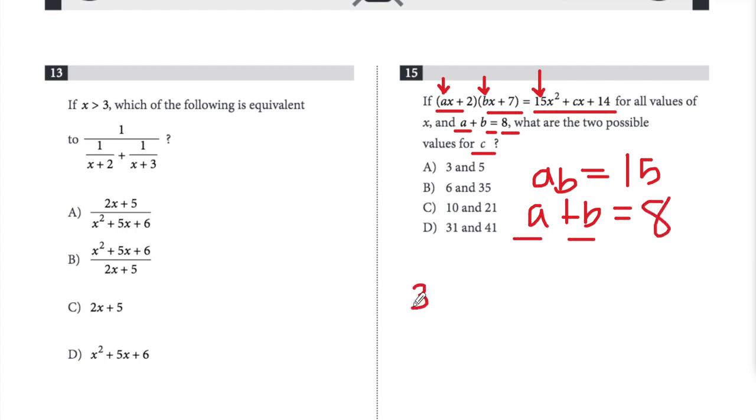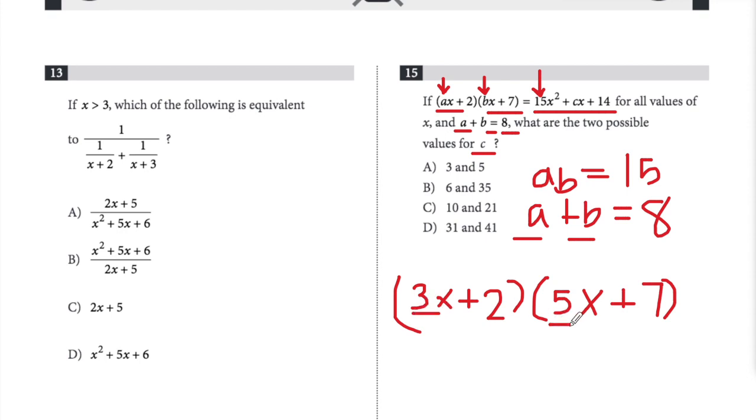So I'm going to do 3x. Let's pretend A is 3, and we'll pretend that B is 5. Now let's figure out what our C values can be. We have 3 times 5, which is 15. Then we have 3 times 7, which is 21x, plus 10x. And then we have plus 14, and here we have 15x squared.